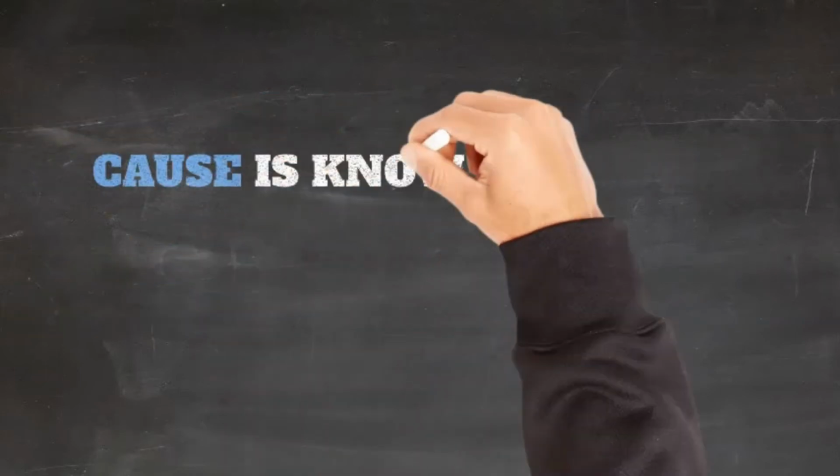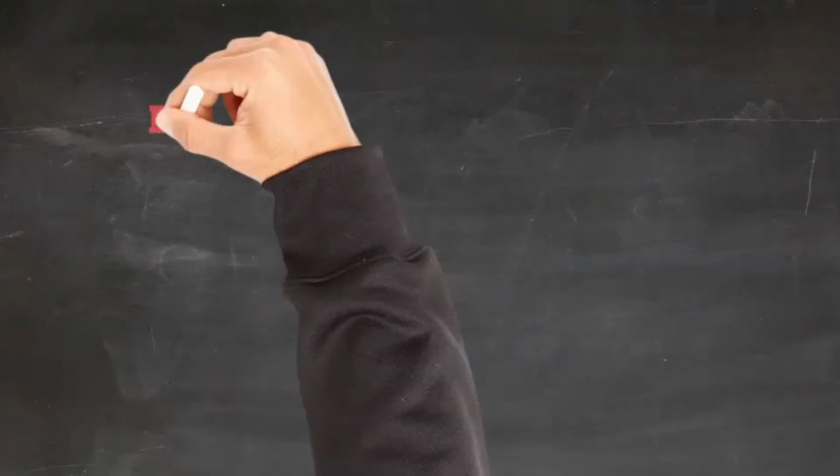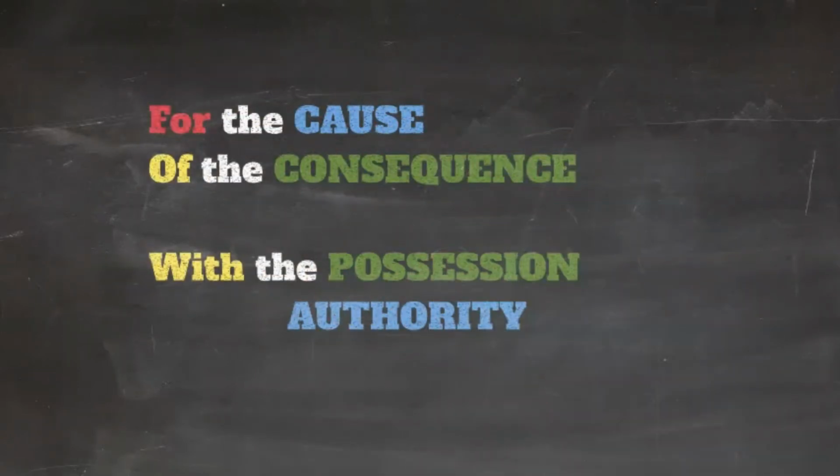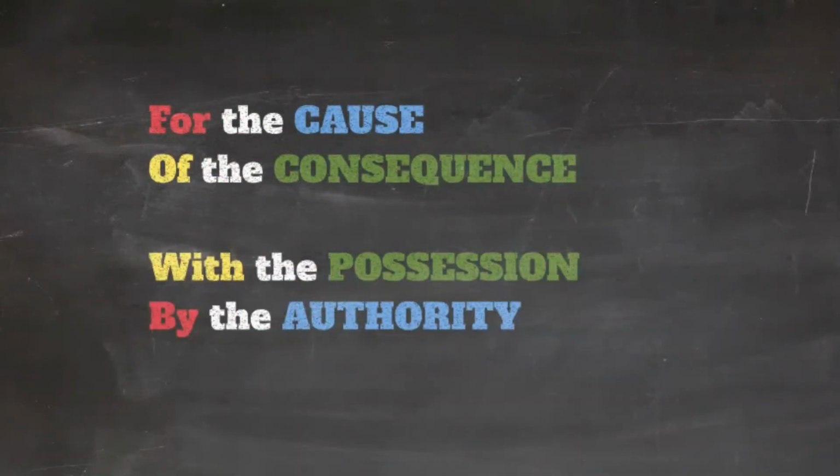For the cause is knowledge, and knowledge is authority. So if the positional to certify the cause is for, the opposite positional to certify the authority is by, we would say, by the authority.